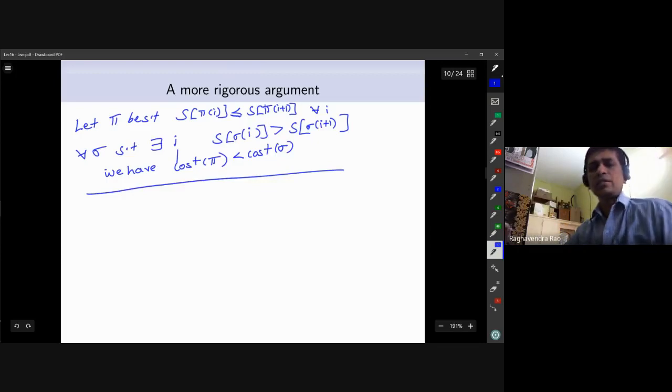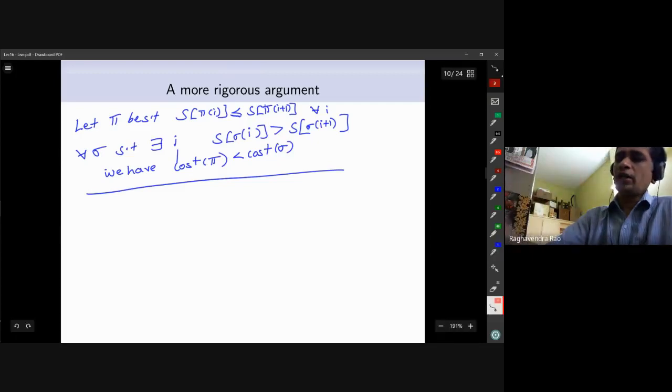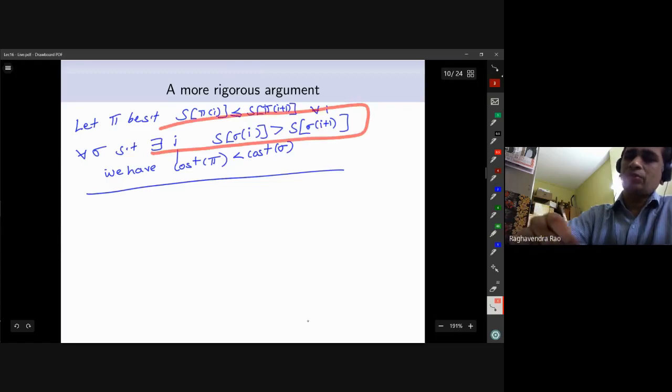Is this statement equivalent to the claim that we made? So we said ascending order is the one which minimizes, right? So what does it mean? That means if you take any other order which is not corresponding to ascending order, this is exactly the condition: there exists some successive inversion.